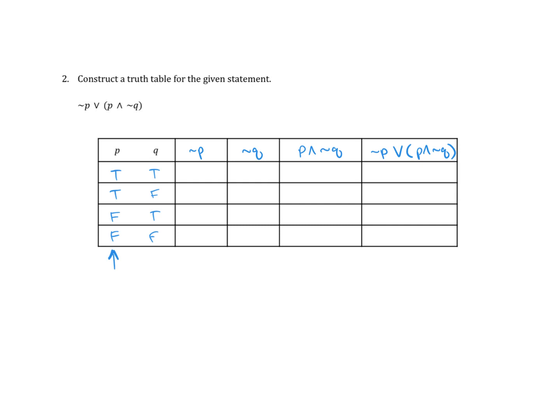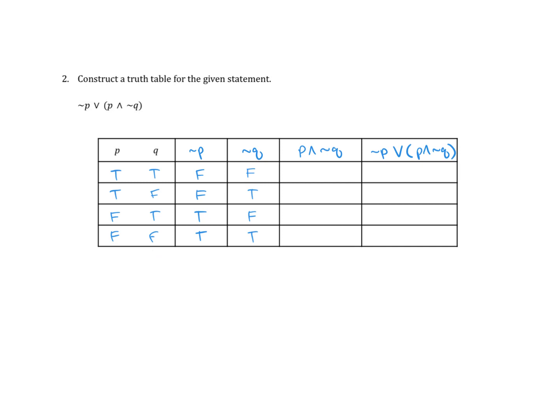T, T, F, F becomes F, F, T, T. Then I'm going to erase that, and I'm now going to negate Q. So I make a little mark under Q, and I take those Q values and switch them to their opposite. So instead of T, F, T, F, it becomes F, T, F, T. I'm going to erase that little mark again.